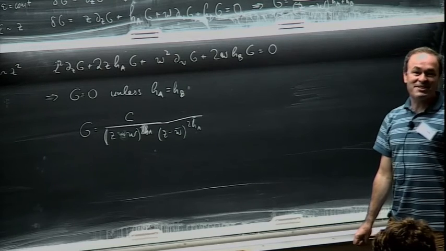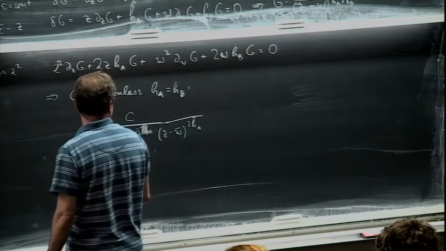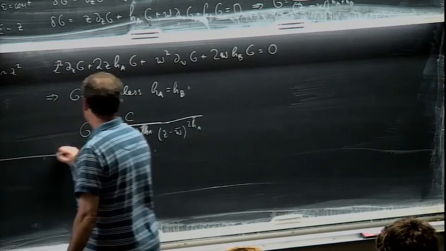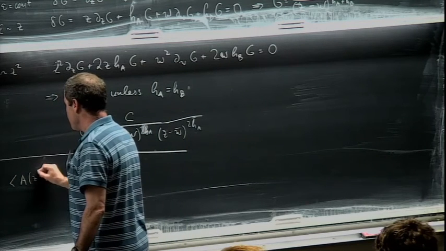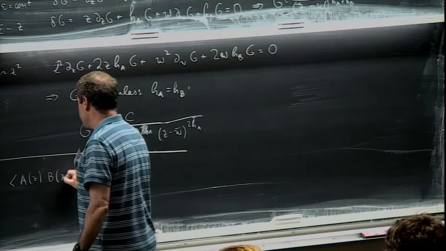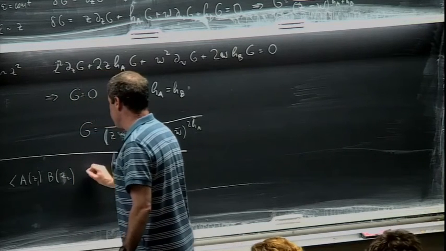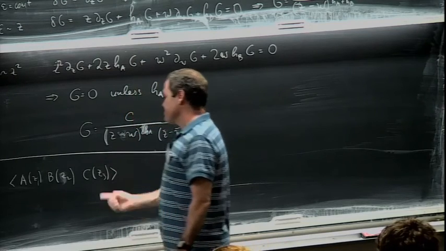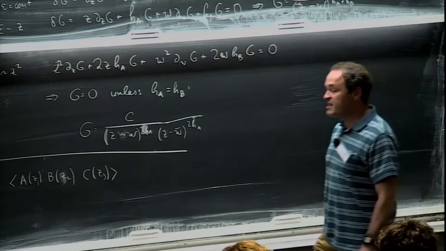And then you can stop once you're at the 4-point function. You don't need to go beyond. You could, but you don't learn a lot more. So you could look at the correlation function of 3 objects. And let me only write the holomorphic part of that. This correlation function is also a product of holomorphic and anti-holomorphic parts.